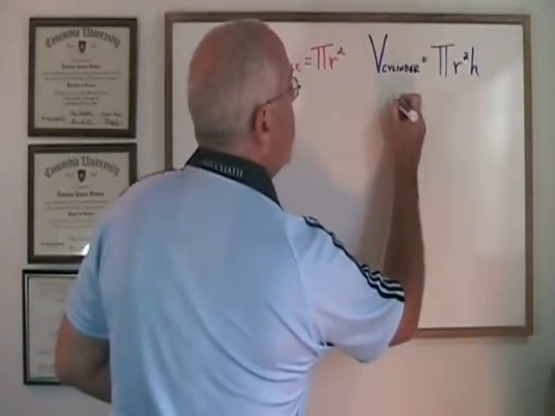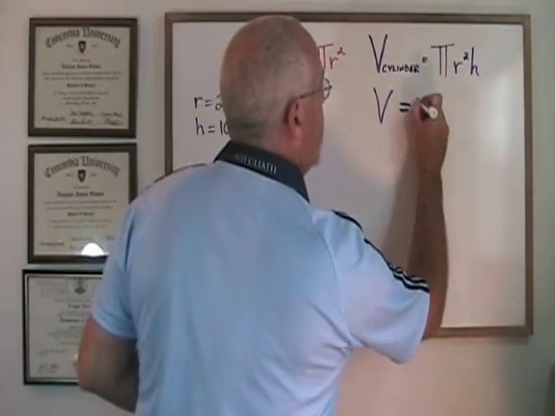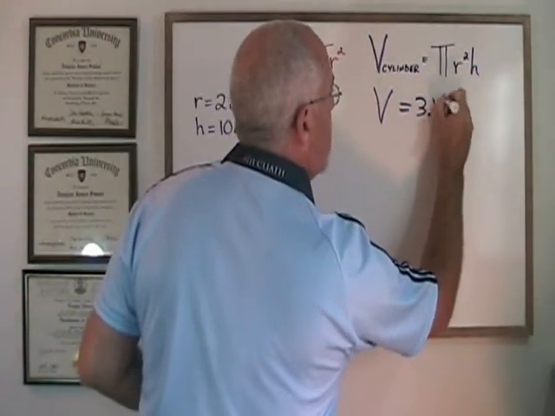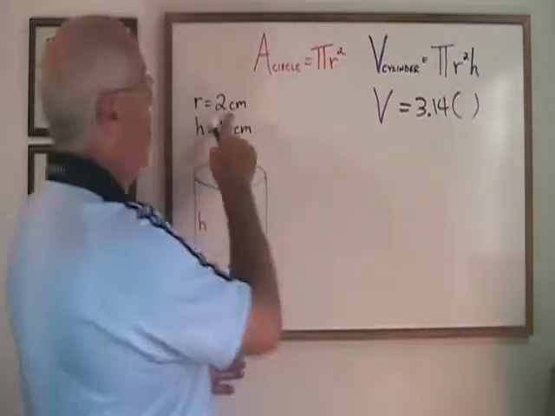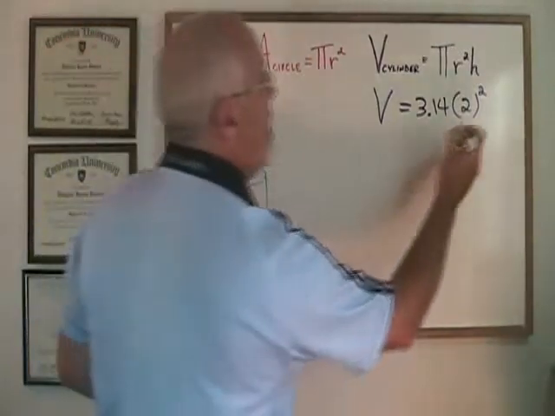For these examples, we'll use 3.14 as our approximation of pi. R is 2 and is squared, and h is 10.